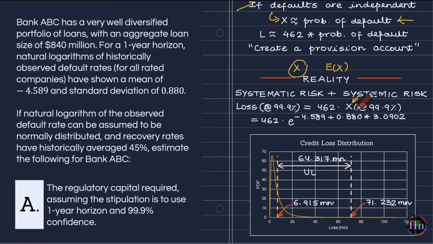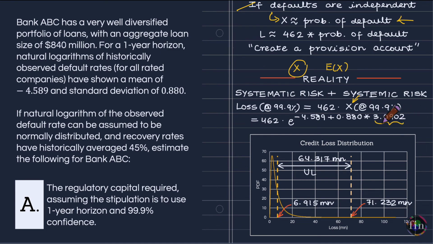Okay, so since X is log normally distributed, to find the 99.9% value of X picked from the distribution of X, you will have to basically find out the 99.9% quantile picked from the standard normal distribution. Use the CDF tables for this purpose.